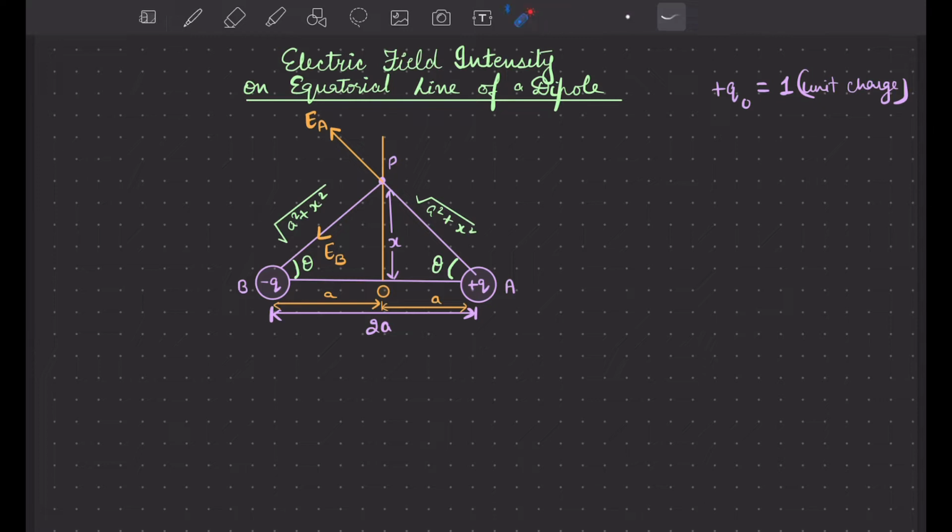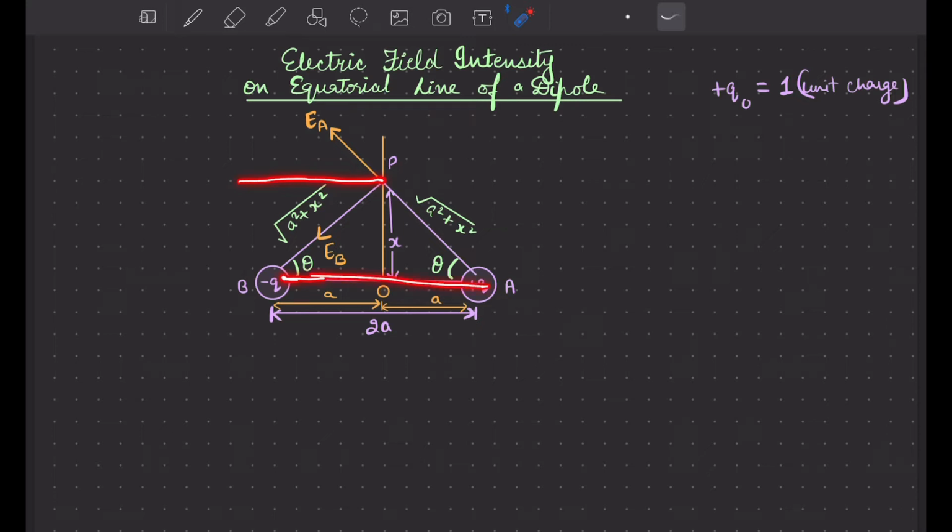As I have taken this angle theta, and this line is acting in this direction, that is the electric field because of the charge placed at point A acting along the AP direction. Now I just need to resolve these two fields EA and EB into two parts. In order to do that, just consider an imaginary parallel line along this direction.